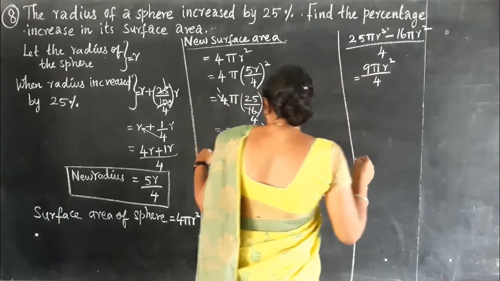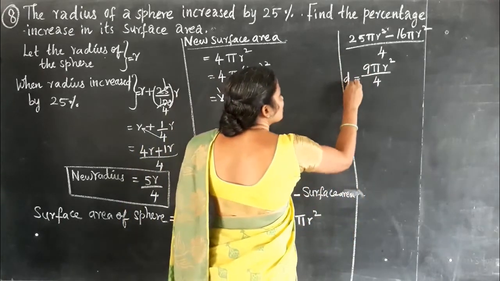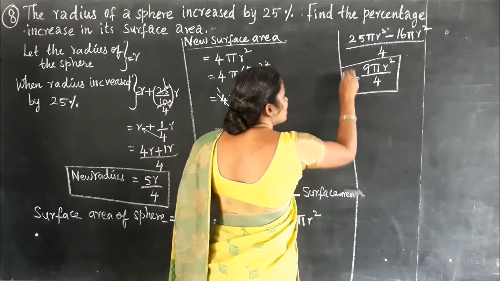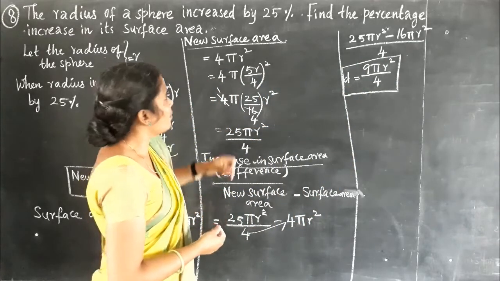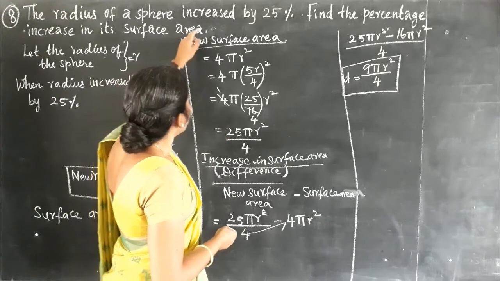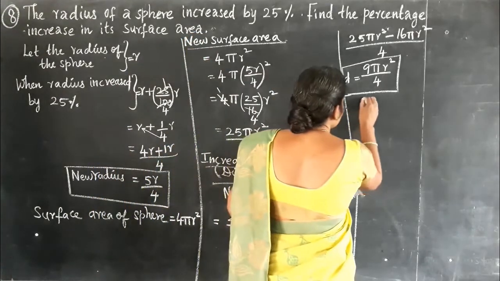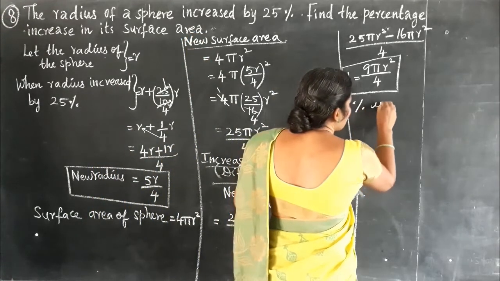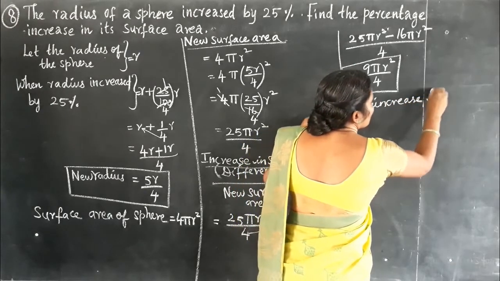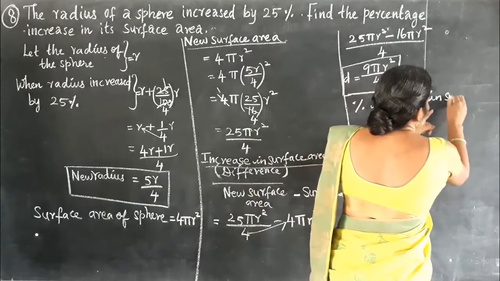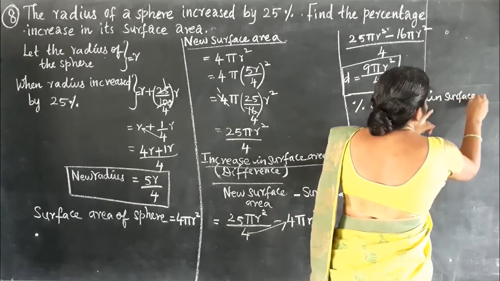Okay, and the difference is equal to 9 pi R square by 4. Now we have to find the percentage increase in surface area.